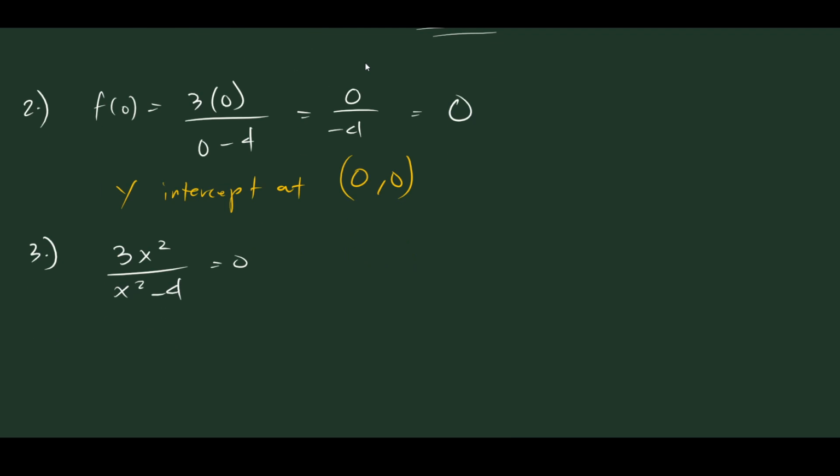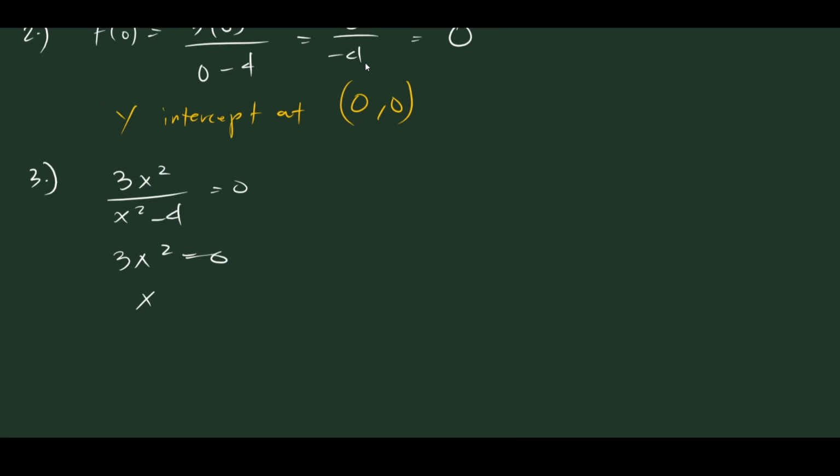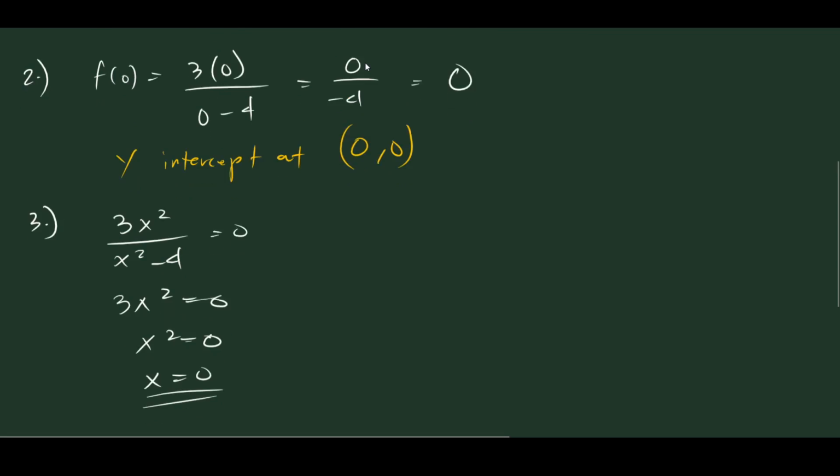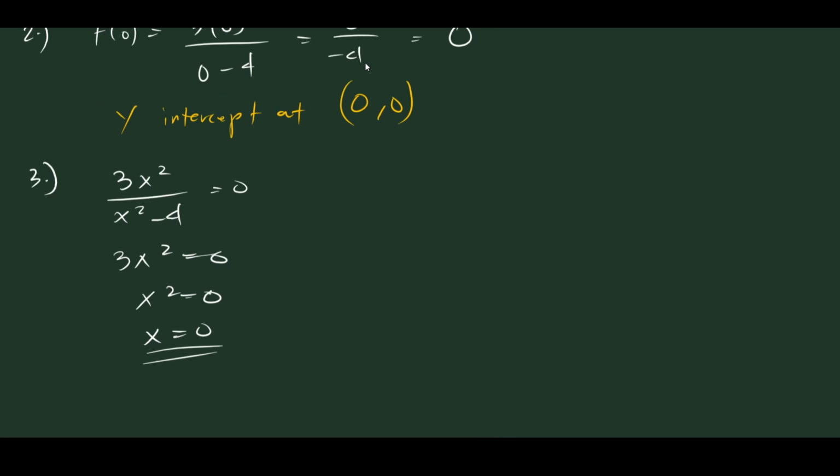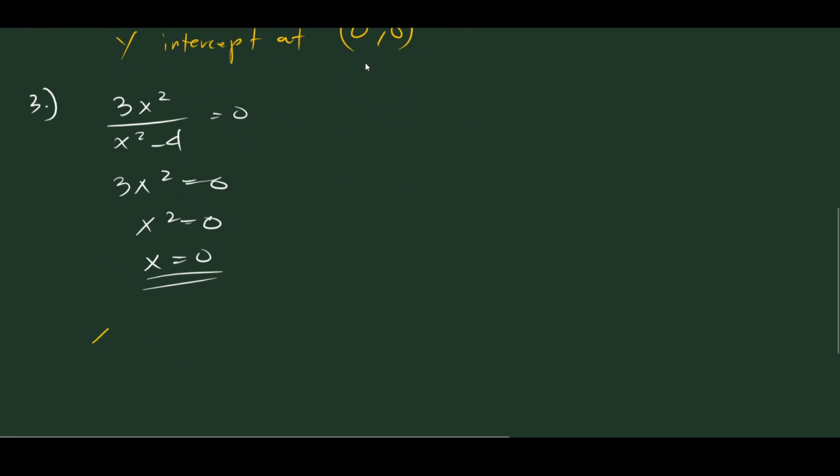Multiplying both sides by x squared minus 4, we get 3x squared is equal to 0. And then dividing both sides by 3, you get x squared is equal to 0. And then taking the square root of both sides, that will be x is equal to 0. Okay, so we have an x-intercept. Therefore, we have an x-intercept at the origin, origin again.